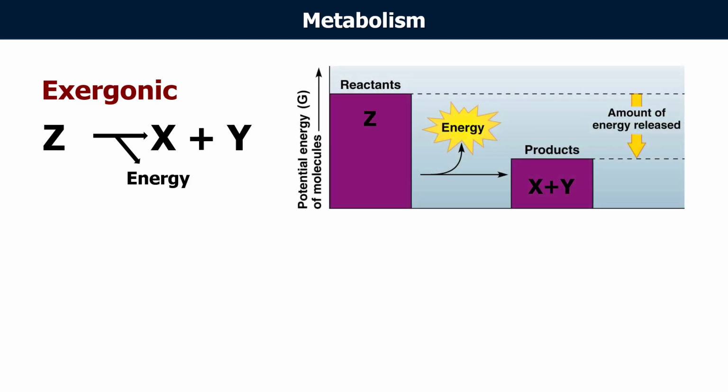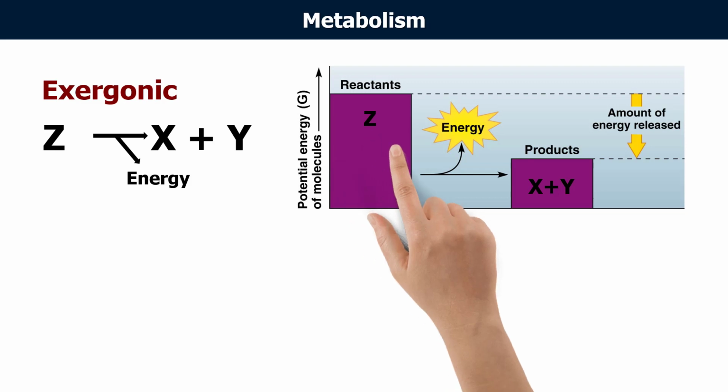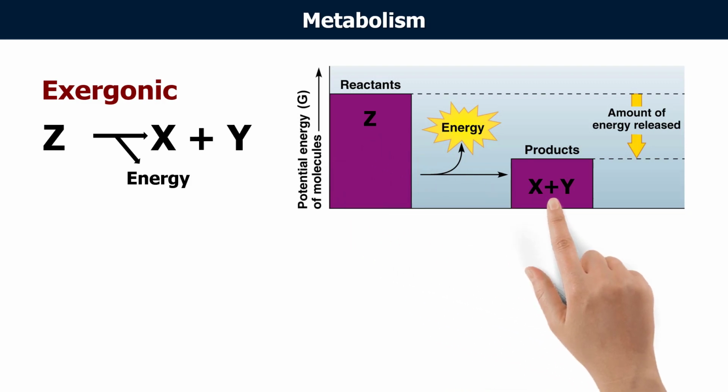So here's a graph, and on the y-axis, we're plotting the Gibbs free energy, the amount of energy that's present in the system. So notice that we're starting with substance Z, which has a large amount of free energy in it. But as the reaction proceeds, we end up with products that don't have as much free energy. And so where did the excess go?